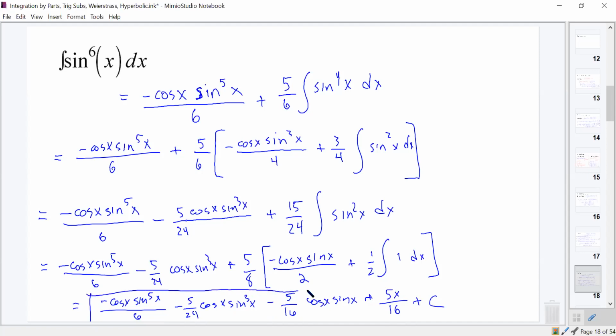So it's a little bit of work, but it's probably better than the alternative of having to deal with power reducing formulas over and over again. So we should be able to apply the reduction formula to anything.